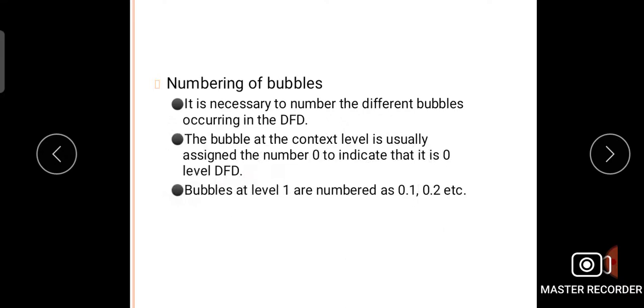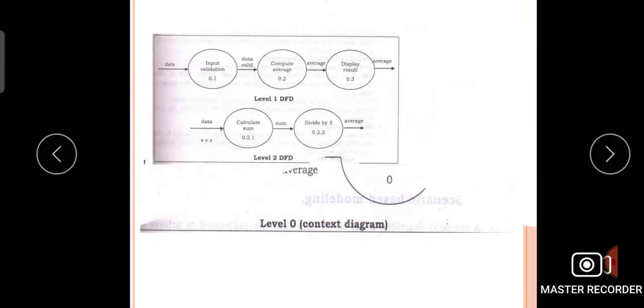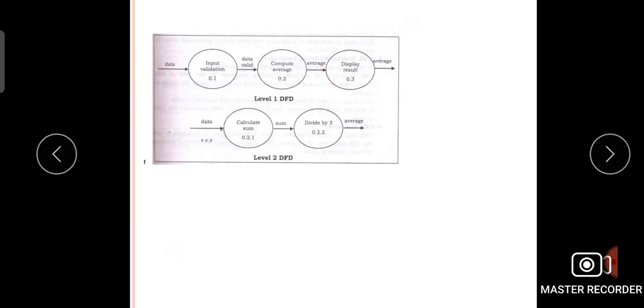Here is the numbering of bubbles. It is necessary to number the different bubbles occurring in a DFD. The bubble at context level is usually assigned the number 0, indicating level 0 of DFD. Bubbles at level 1 are numbered 0.1, 0.2, etc. Here this one is our context level 0 diagram, and here are level 1 and level 2 diagrams.